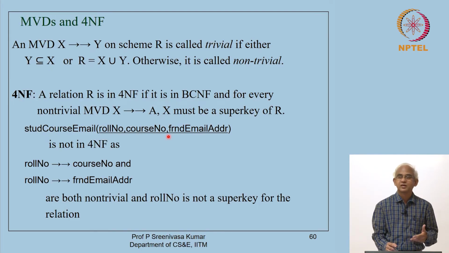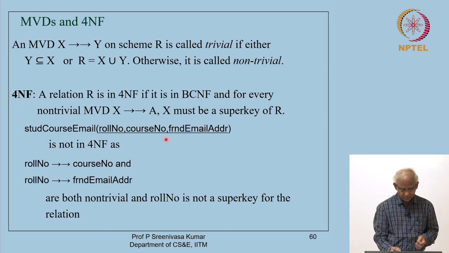That is why there is a theoretical need for a multivalued dependency, and so we define that and then say that such things do not satisfy fourth normal form, and they should be decomposed.